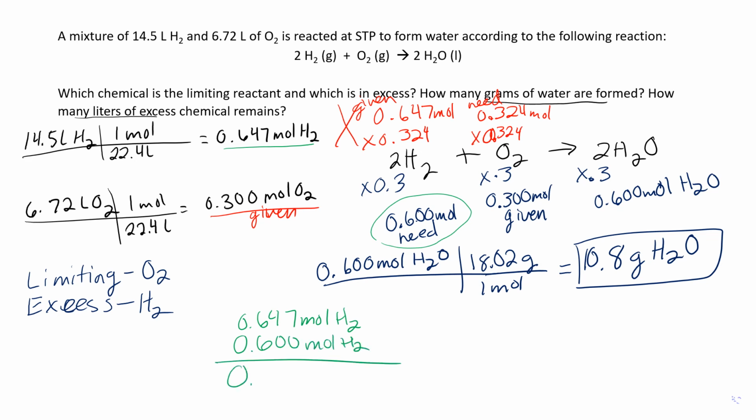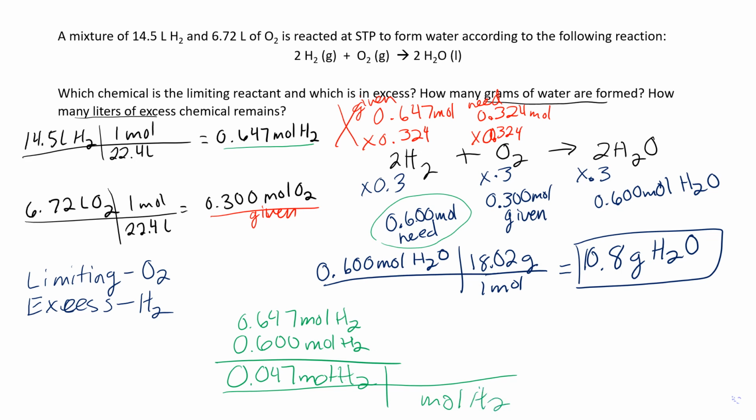So we can see from that we have 0.047 moles of H2 left over. Now we do need to get that into liters because that's what it asks for, and that's the unit that it started in.